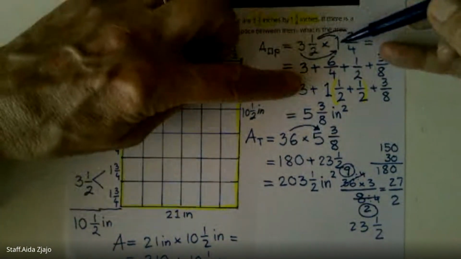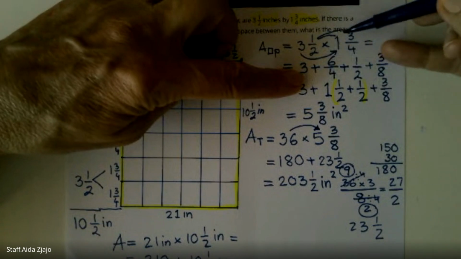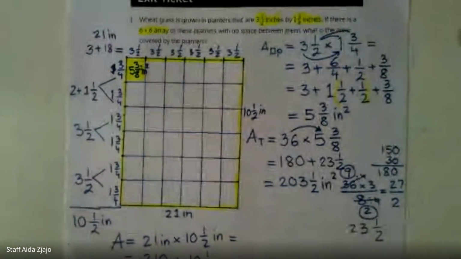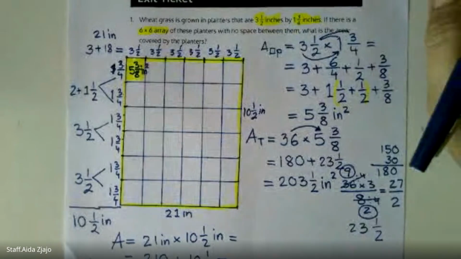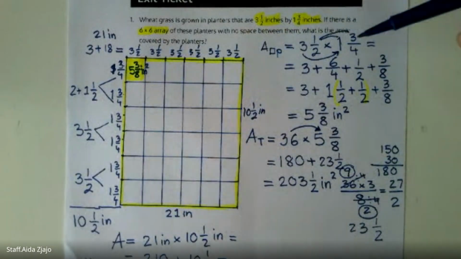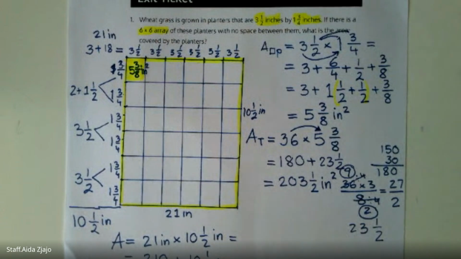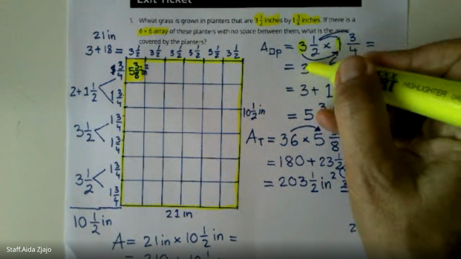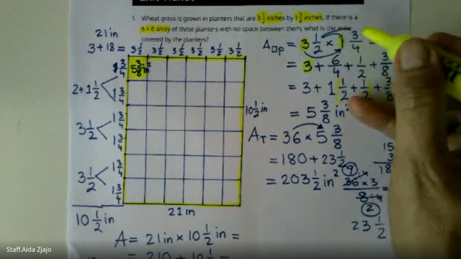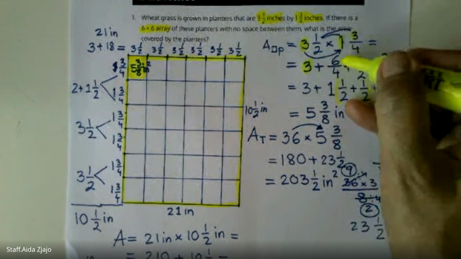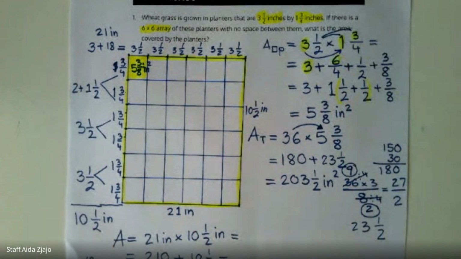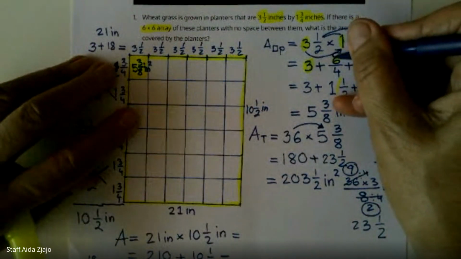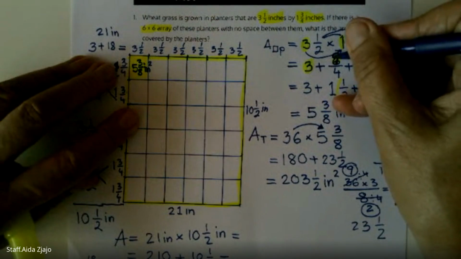So 3 times 1 is 3. 3 times 3/4. Oh, that's where it is. Okay, I want to try to fix it, and I found my mistake. So this is where I made the mistake. 3 times 1 is 3, but 3 times 3/4 is not 6/4, it's 9/4.